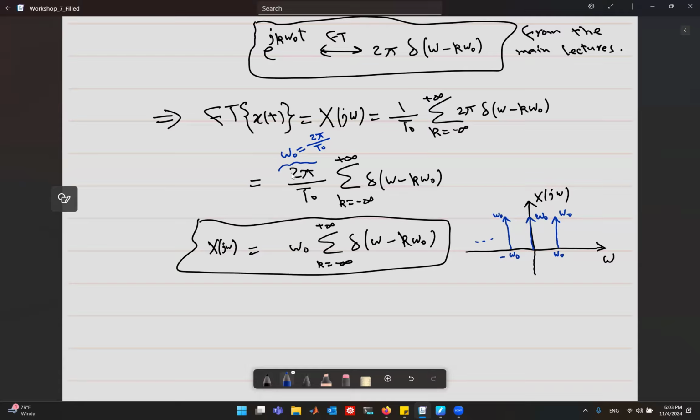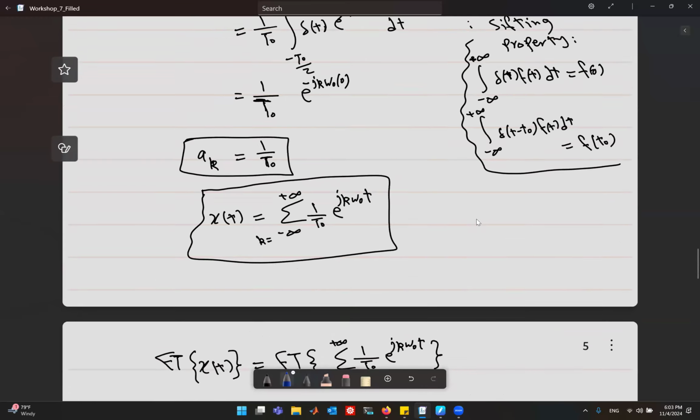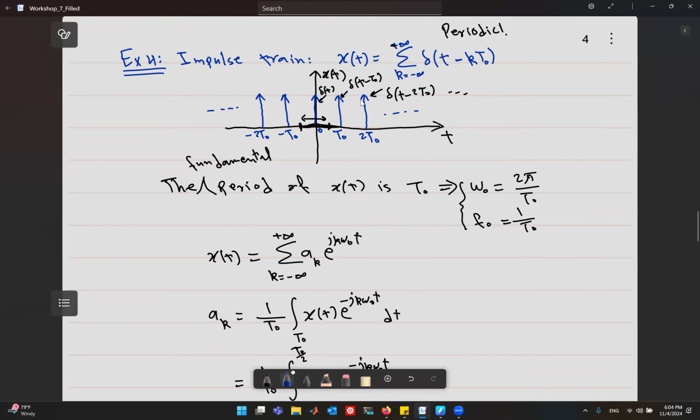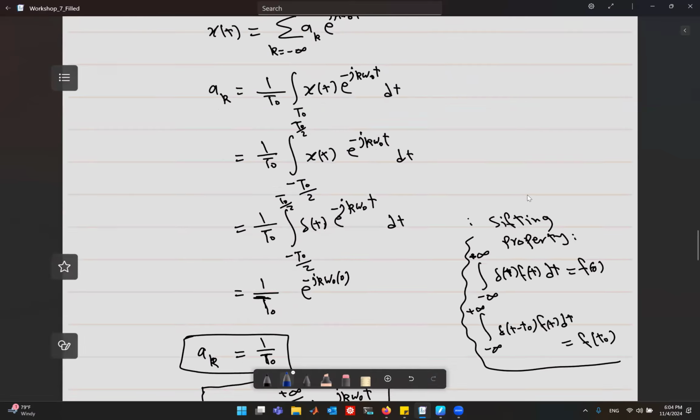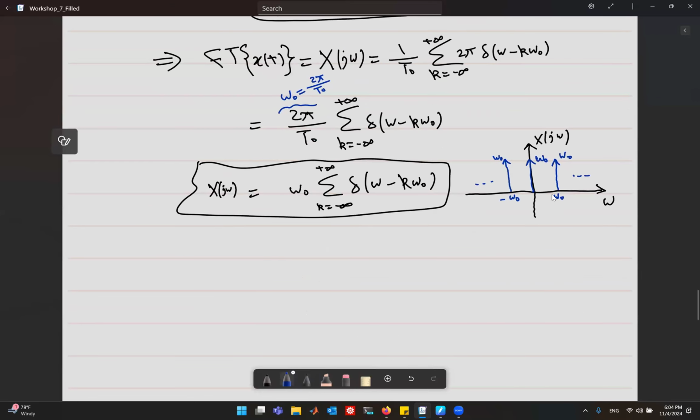So the Fourier transform of the impulse train is also an impulse train, but the scaling is different. In this case here, the impulses are scaled by 1, and the spacing between the impulses is T naught. When we move to the frequency domain, the spacing between the impulses is omega naught, the fundamental frequency of the signal.